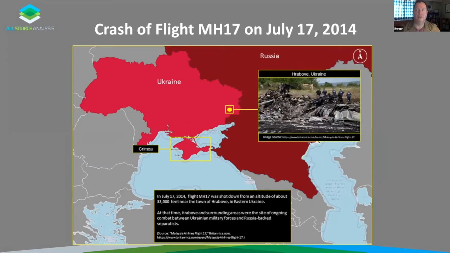Now, later in July, there was a crash of an airliner in Ukraine. This is the crash of flight MH17, and this occurred on July 17th, 2014. On July 17th, 2014, flight MH17 was shot down from an altitude of about 33,000 feet in eastern Ukraine.